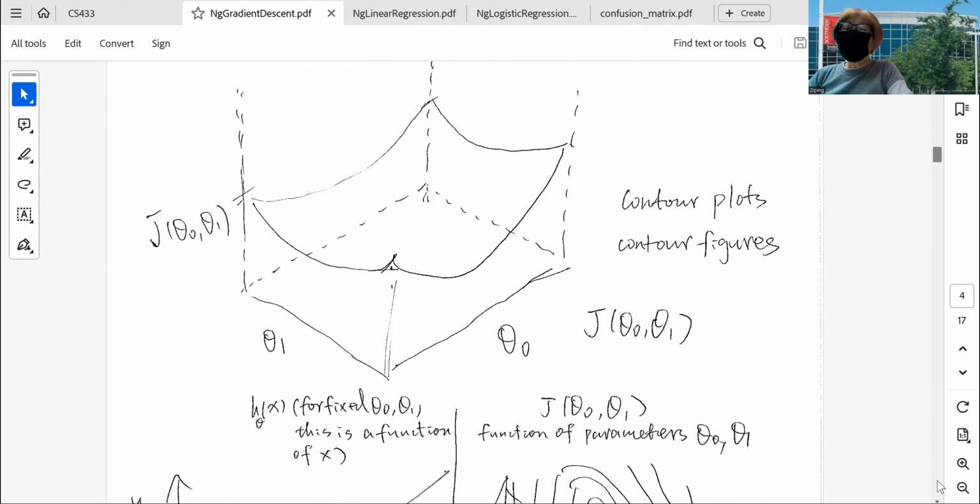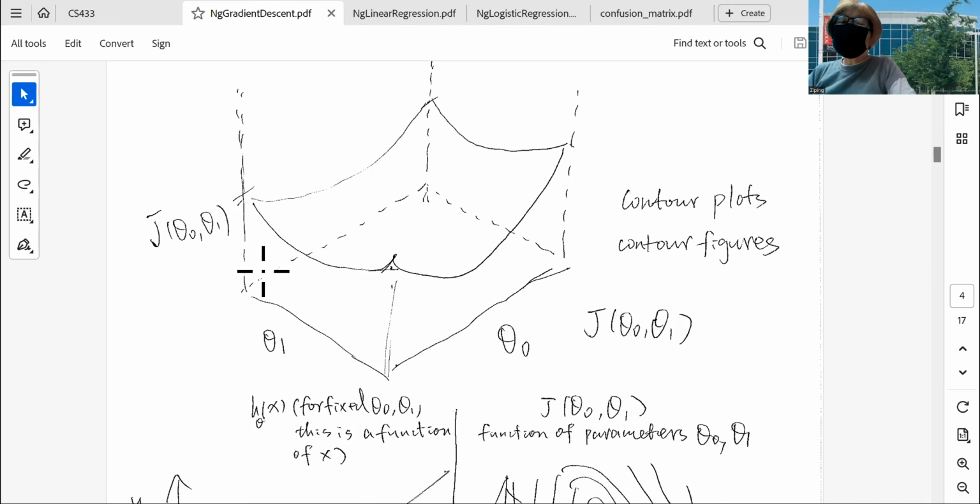And if we take a look, this is a cost function. And the theta 0, theta 1, basically here is our W0, W1, it's the weight.